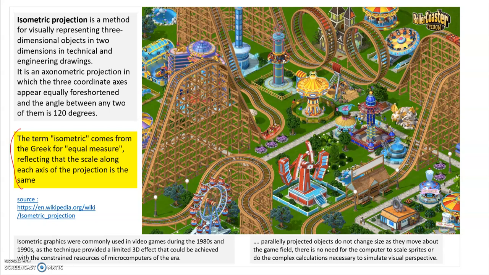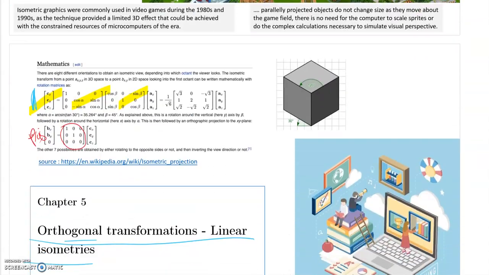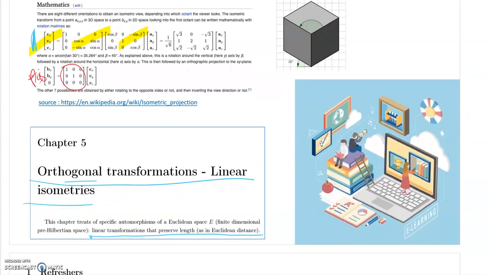If you want to learn more about that, you can Google it, maybe begin with the Wikipedia page. I've got a small excerpt of that same page on the next slide. So what are we talking about? As I said, it's the specific kind of projection where among the three axes you've got the same angle. And how do you do that?